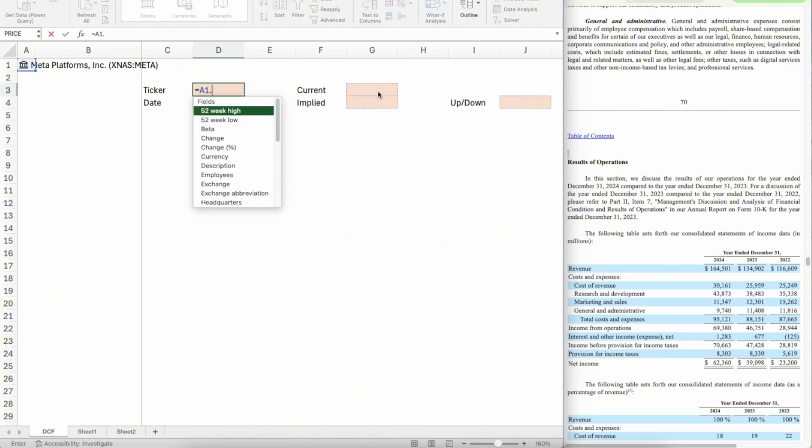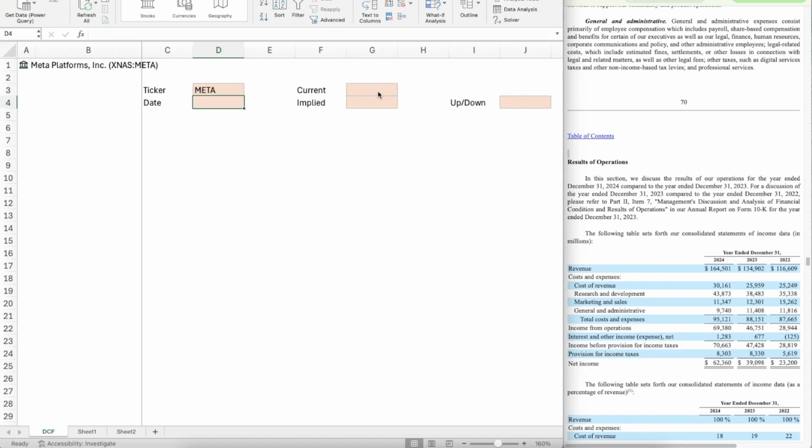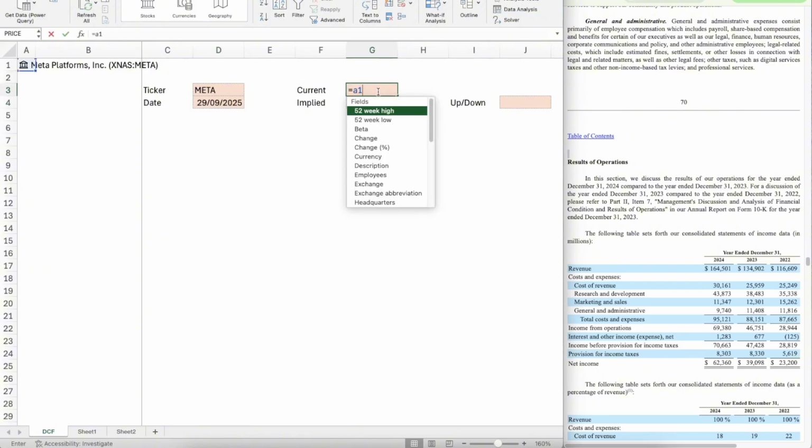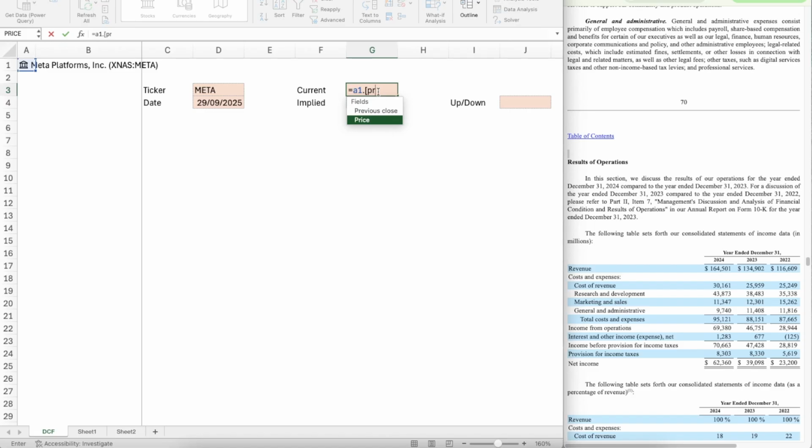Equals A1 ticker. The date today, I think, is the 29th. And the current price equals A1 price. Perfect. So the stock is currently $743.